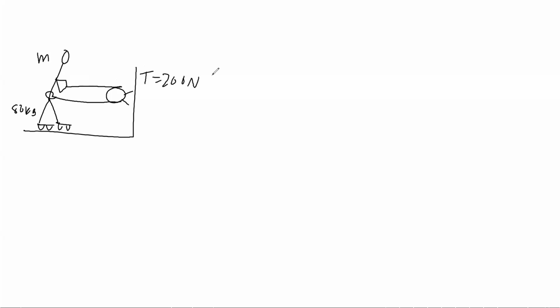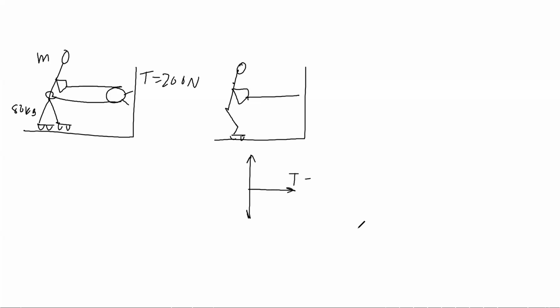What's their acceleration? Well, compare that to the simple example with no pulley. If the person pulls on it and the rope is just attached to the wall, in the horizontal direction you just have tension equals ma, with the normal and gravity in the vertical.